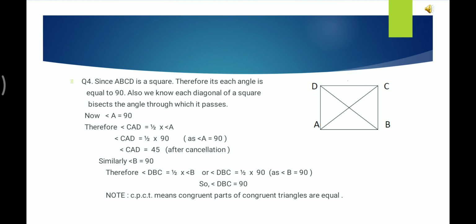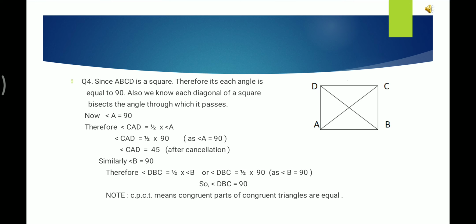Since ABCD is a square, therefore each angle is equal to 90 degrees. Also, we know each diagonal of a square bisects the angle through which it passes. In the figure, if we extend diagonal AC, then it passes through angle A and angle C and bisects them into two equal angles.